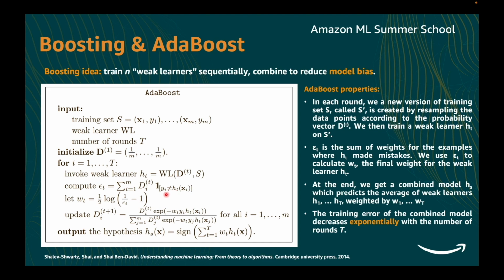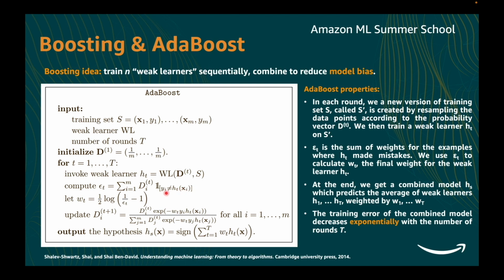What this equation is essentially doing is saying, okay, using the model I have just trained, I'm going to predict on all of my training samples again and get predictions h_t(x1), h_t(x2), etc. Those are all of my predictions.